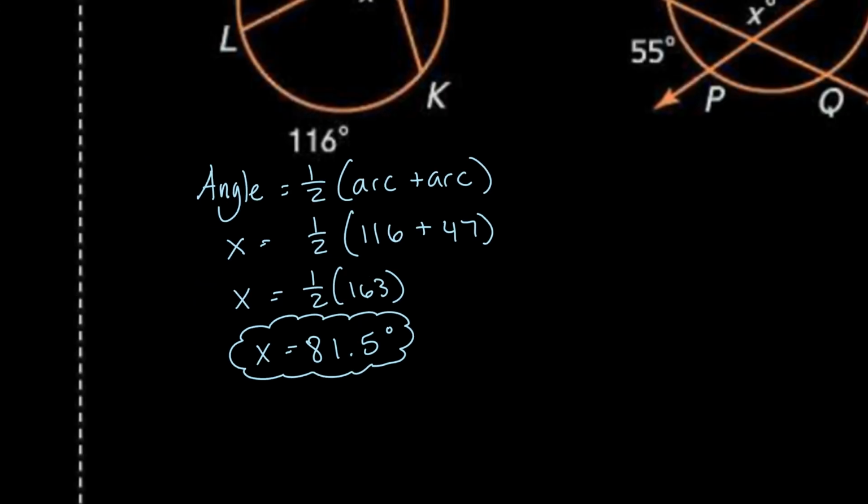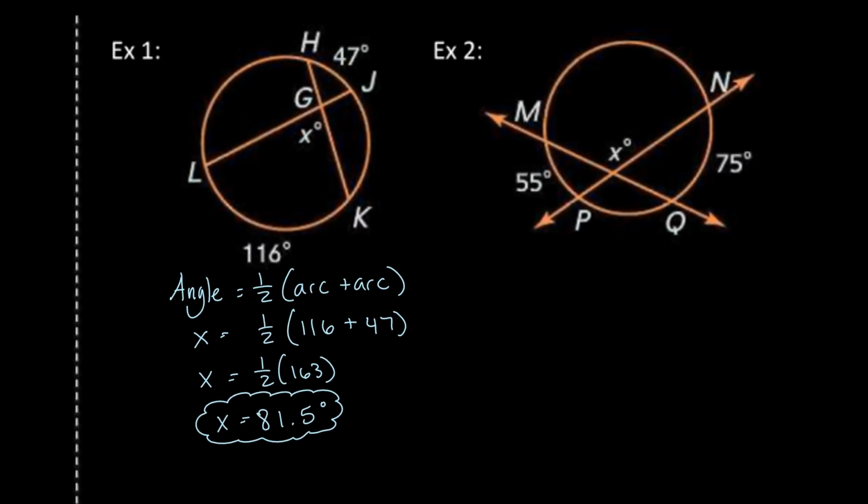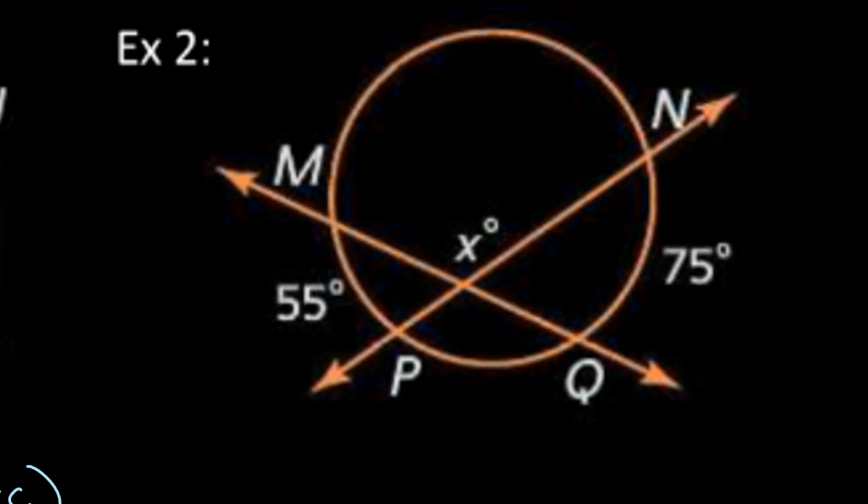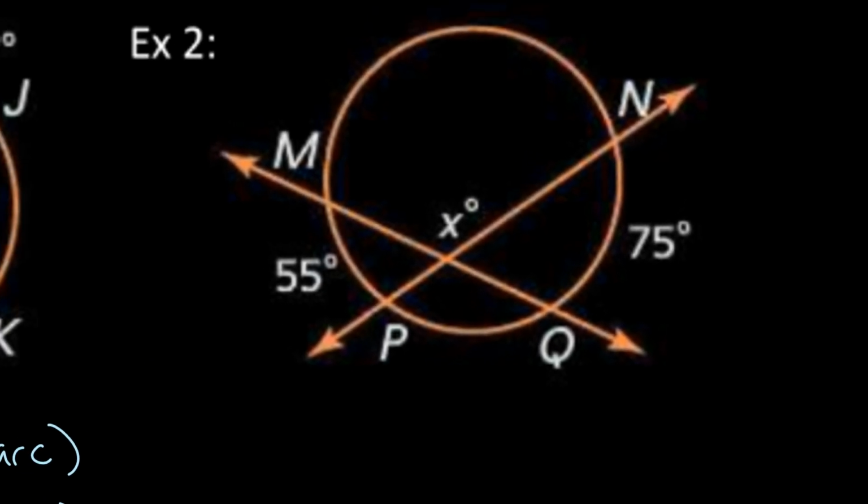All right. What do you think makes number 2 trickier? So instead of just right off the bat solving for X, what do you think we should solve for? What arcs do we have?